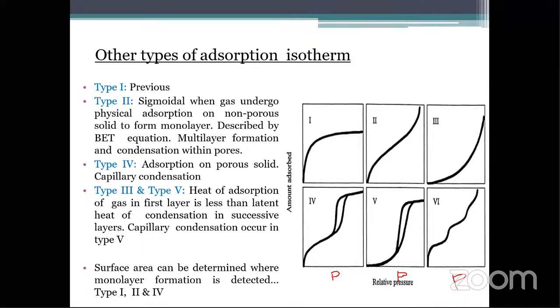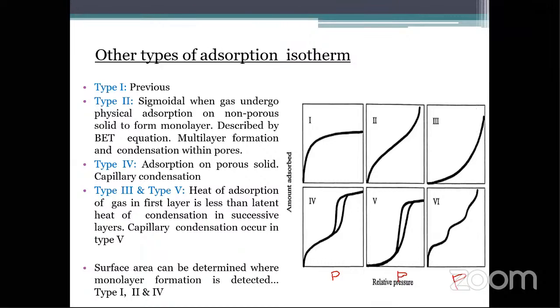Examples of this sigmoidal type of adsorption isotherm can be seen in the adsorption of nitrogen on iron or platinum. You just have to remember this one: adsorption of nitrogen on iron or platinum. In this case, you will get the sigmoidal shape of curve.